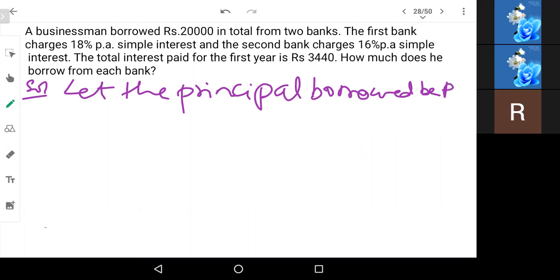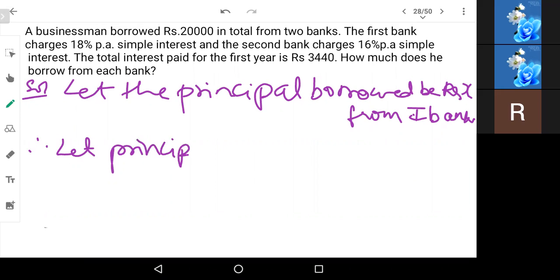Sorry, this has to be from banks. Let the principal borrowed be rupees X from first bank. We have two banks. Therefore, let principal borrowed from second bank.